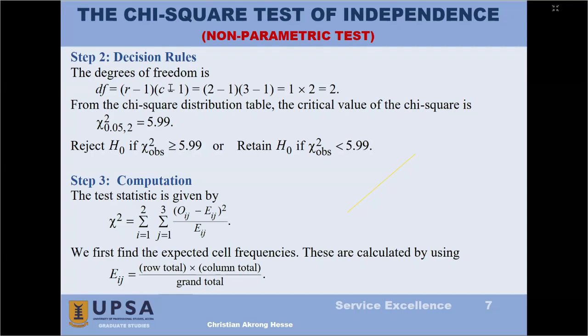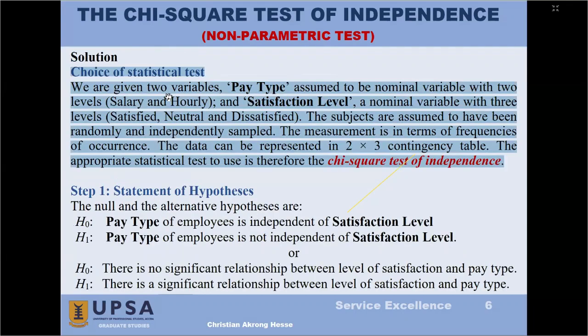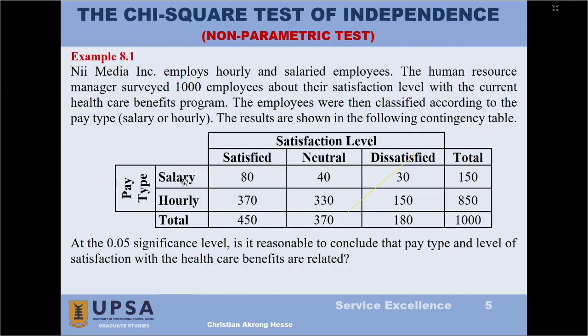How many rows do you have? We have 2 rows. And how many columns? 3. So subtract the number of rows by 1 and the number of columns by 1, then you multiply. 2 minus 1 is 1, and 3 minus 1 is 2. So the degrees of freedom will be 1 times 2.